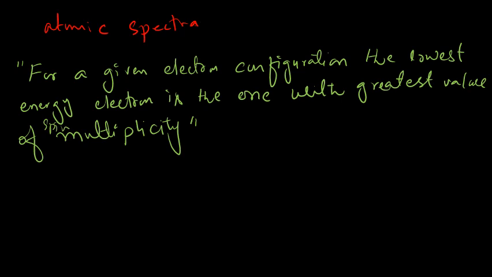So the electron with the greatest value of spin multiplicity has the lowest energy, so it will go to the orbital which has the lowest energy. This implies that if two or more orbitals of equal energy are available, the electron will occupy them singly.